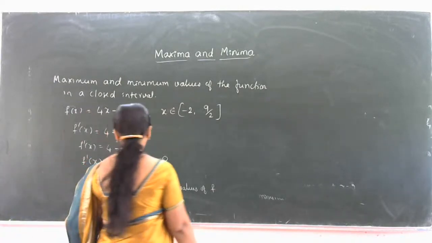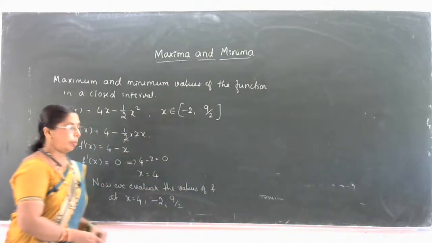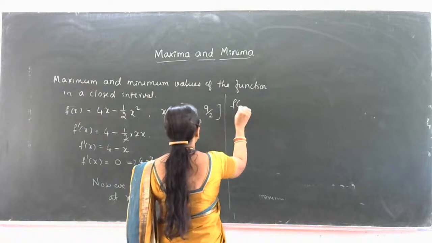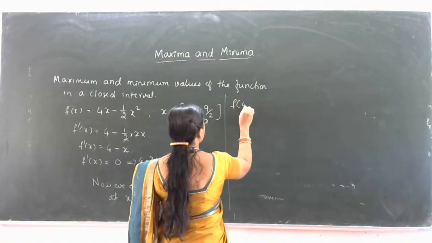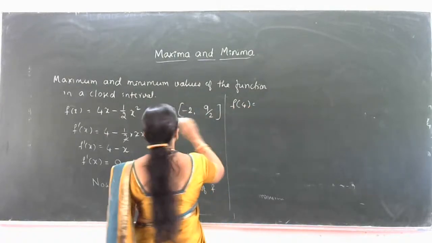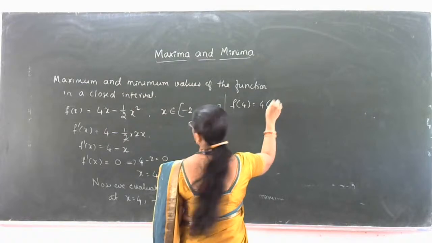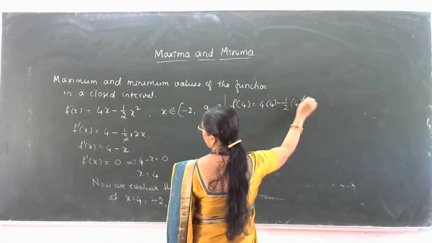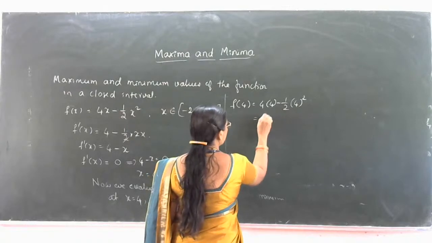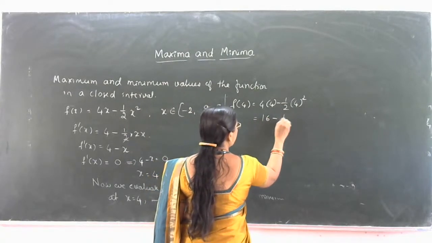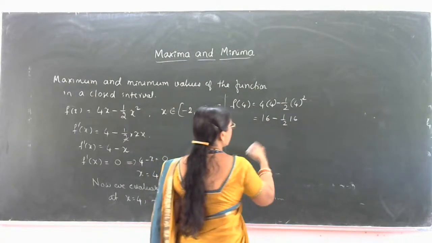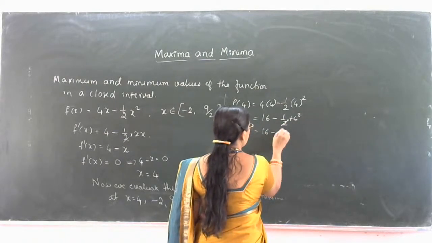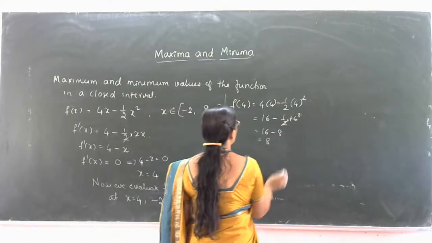These three points we have to find f of x. Then f of 4 is equal to 4 into 4 minus 1 by 2 into 4 square, which is equal to 16 minus 1 by 2 into 16, 16 minus 8, which is equal to 8.